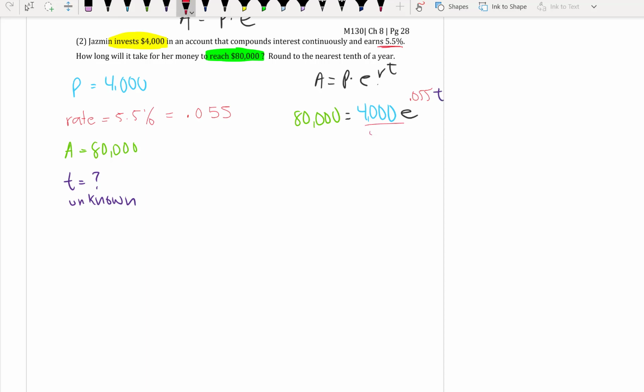So here I divide both sides by 4,000. When I do that, I can always cancel out my zeros. So I really have 80 divided by 4 is equal to e to the 0.055t. And 80 divided by 4 is 20.